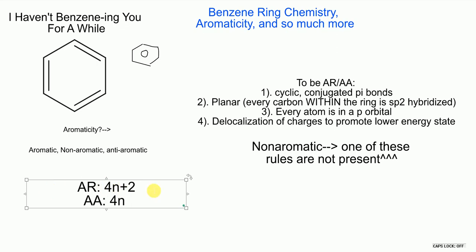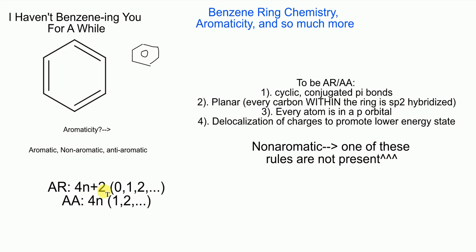For 4n plus 2, n can be 0, 1, 2, and so on and so forth. And for 4n, n can be 1, 2, and so on and so forth.